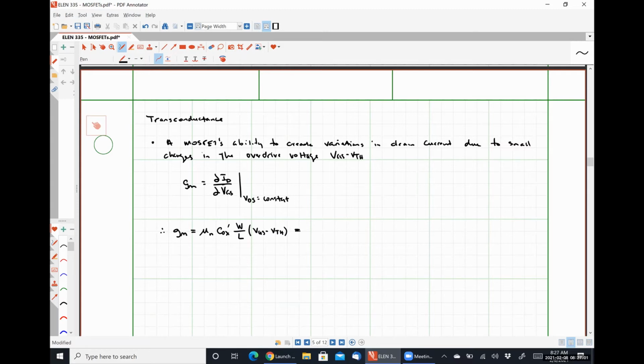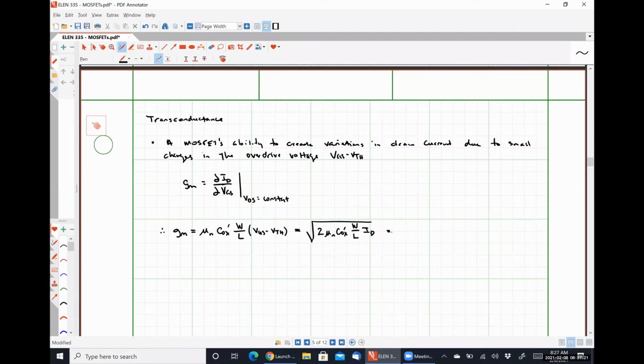With a little bit of mathematical manipulation, we could express it as the square root of 2 mu n C ox W over L times ID.